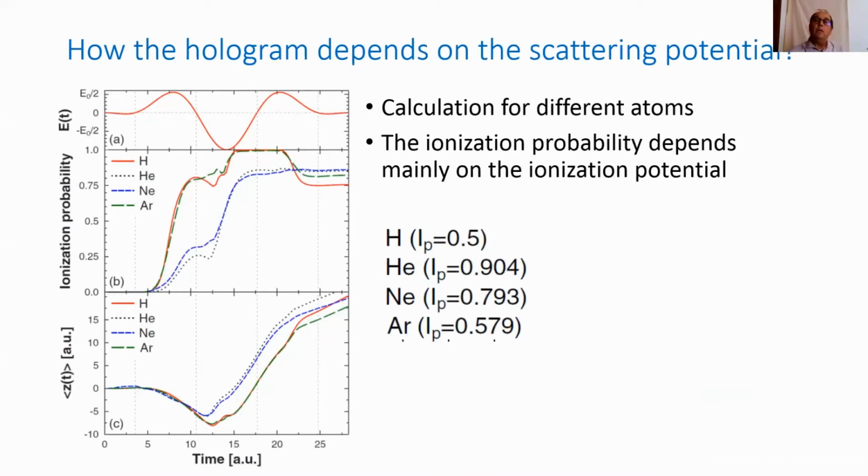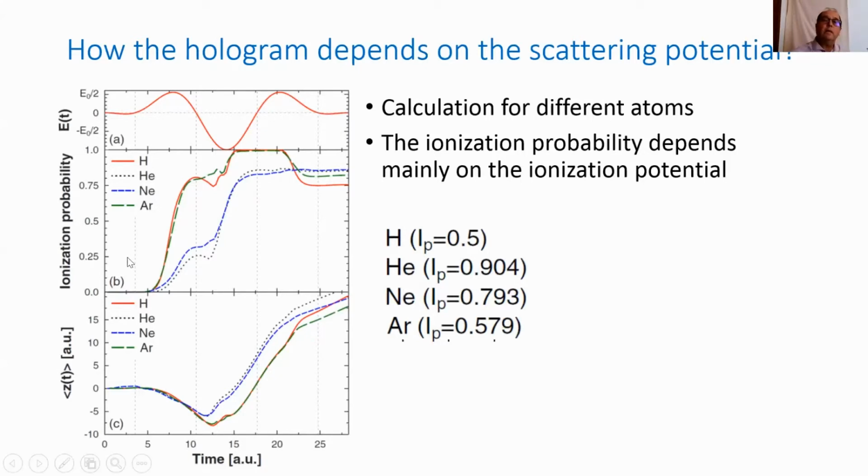Now we have also analyzed how the hologram depends on the scattering potential. We have performed our calculations for different atoms besides hydrogen, also for helium, neon, and argon. First, we can observe that hydrogen and argon have similar ionization potentials, and helium and neon have higher but also similar ionization potentials.